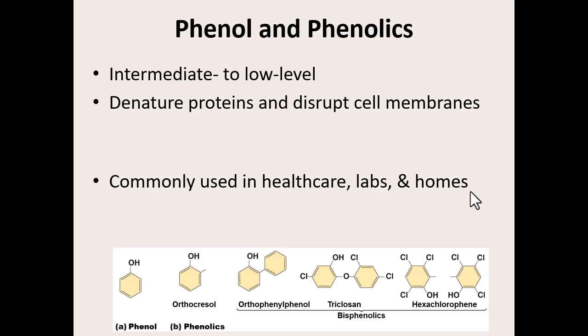And they are intermediate to low level. Different hand sanitizers have different things in them, but your hand soaps, your Lysol, it's going to kill a lot of stuff, but it is not going to kill everything. And again, it just works to denature proteins and disrupt cell membranes.